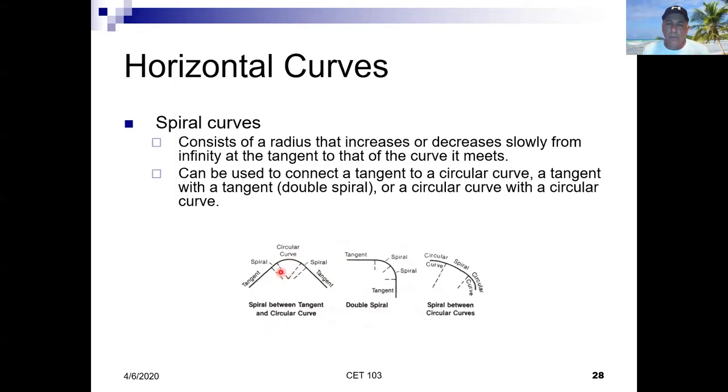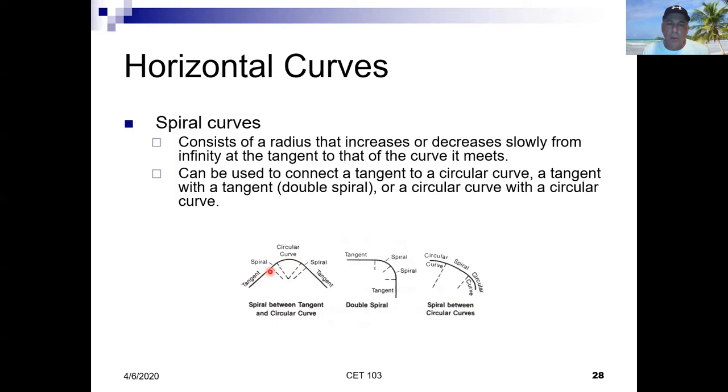The purpose of a spiral curve is sometimes to help the driver or whoever the user of the roadway would be transition and get ready to move into the circular curve. This helps with high speed conditions. Also, a good example of a spiral curve and the need for a spiral curve would be in a situation where we use a railroad curve.